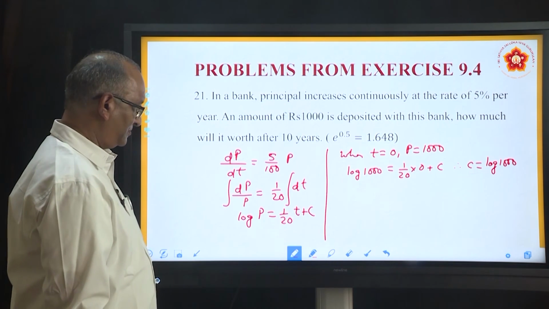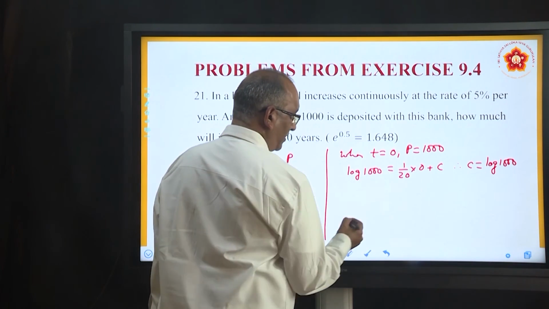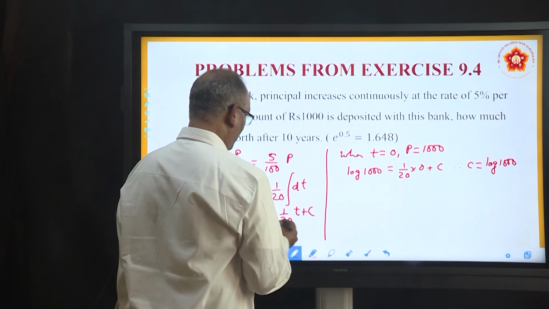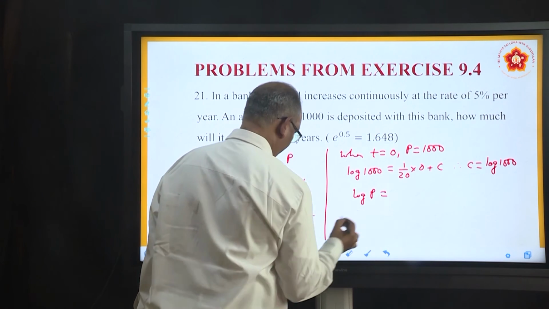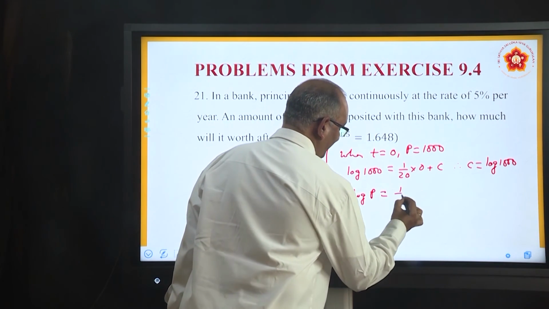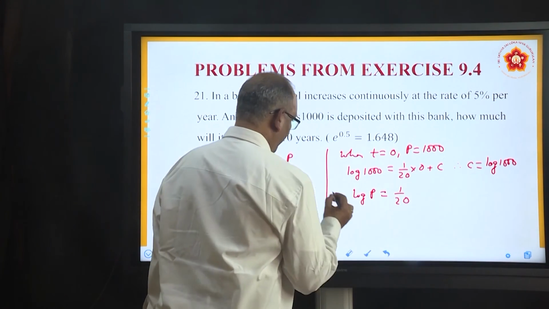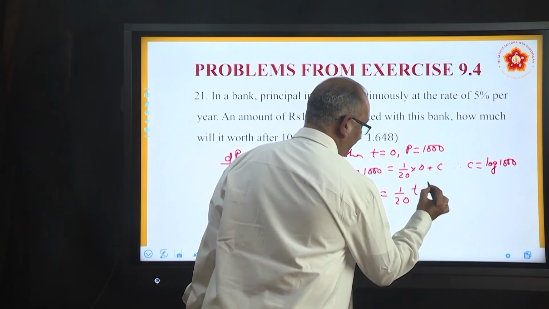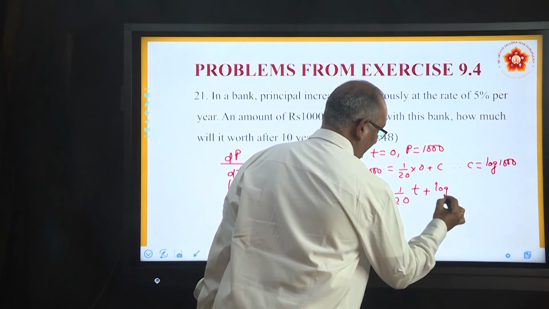Substitute the value, you will get log P equal to 1 by 20 into t plus log 1000.